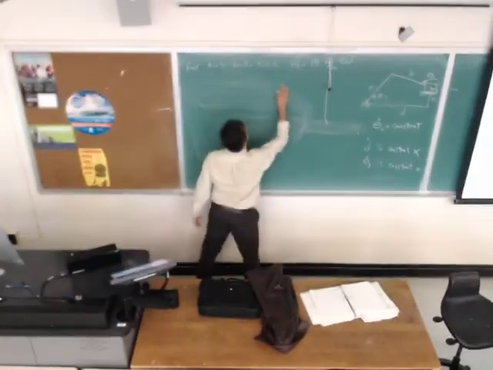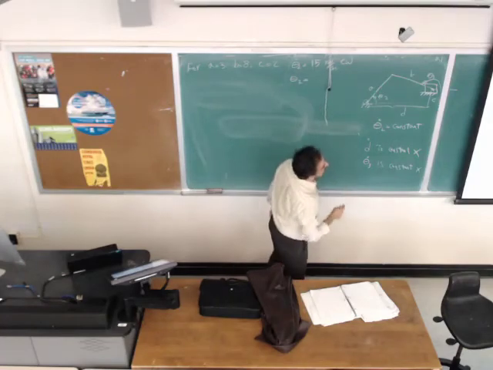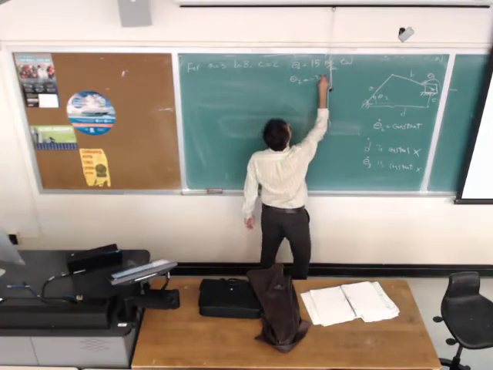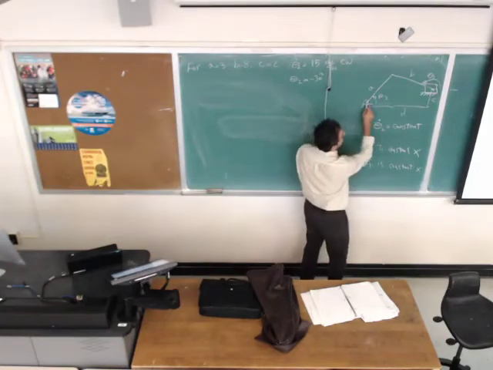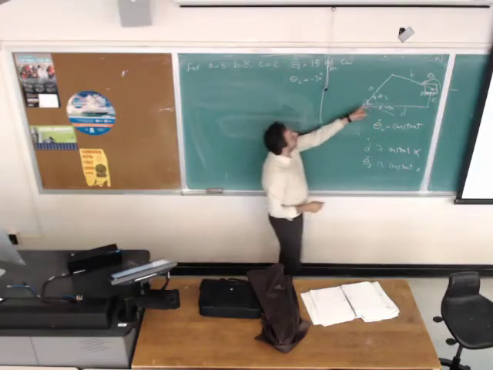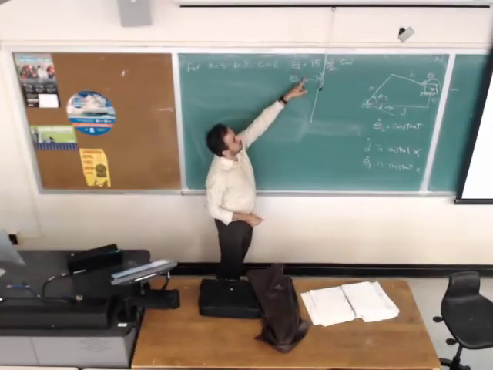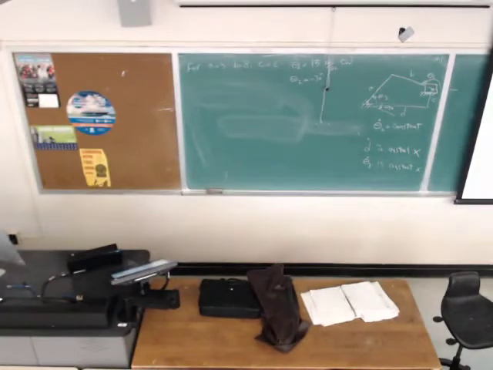And theta 2 is negative 30 degree. So we would like to know when this mechanism is at the angle of negative 30 degree, and theta dot 2 is 15 radian per second clockwise, meaning it's running in the clockwise direction.